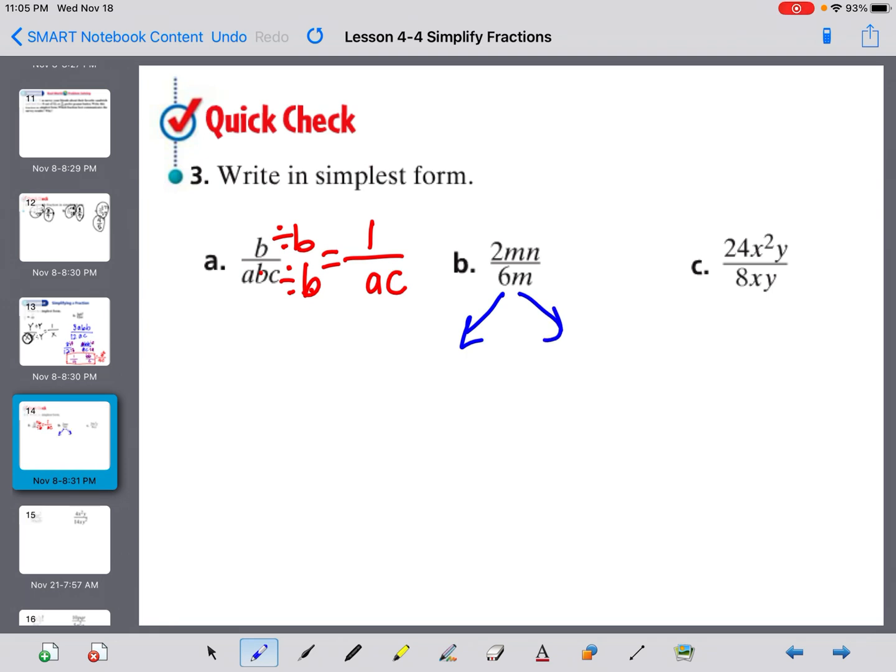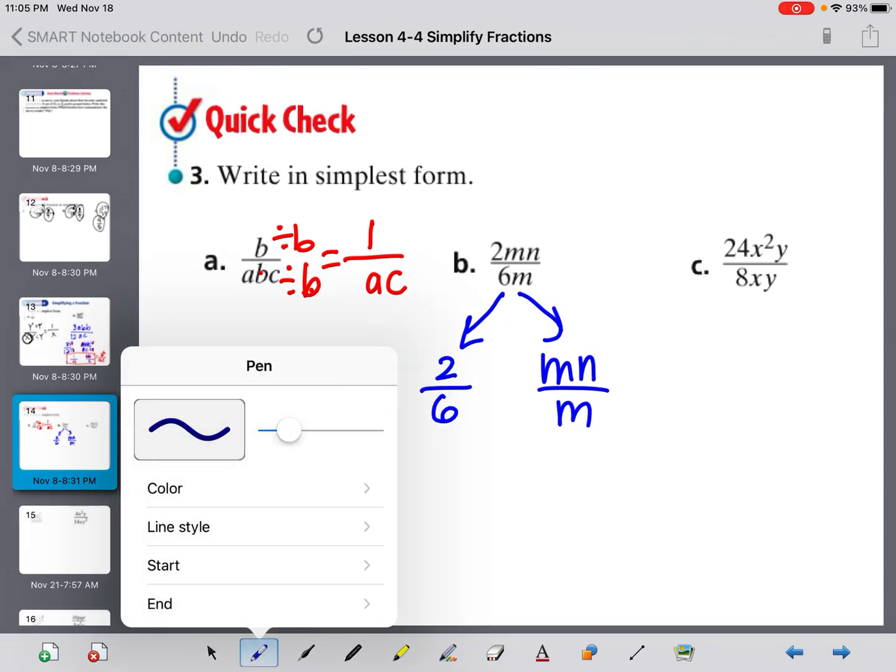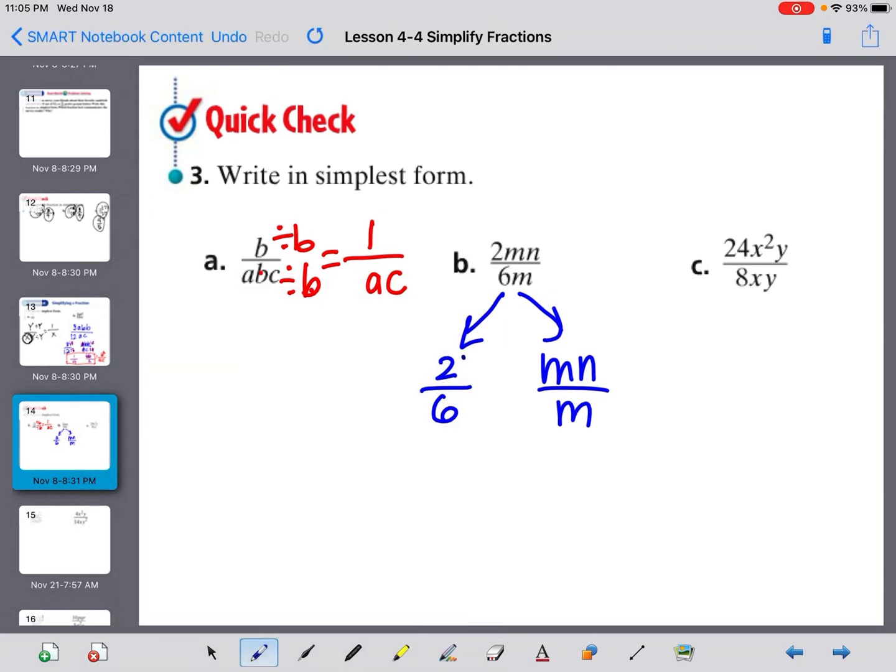When you have numbers and variables, you should split it into 2 parts. Numerical, algebraic. What do 2 and 6 have in common? 2. 2 divided by 2, 1. 6 divided by 2, 3.